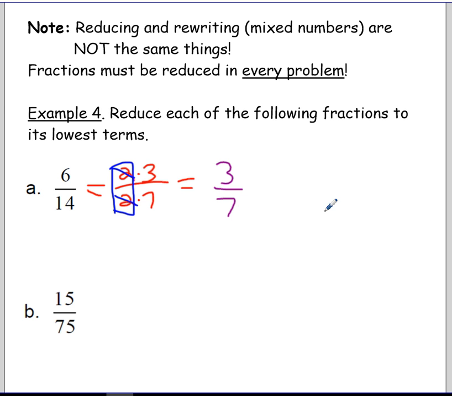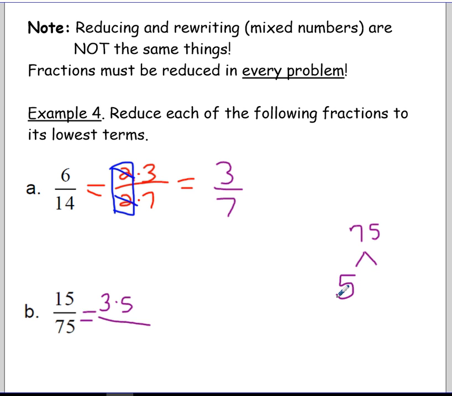Now, if we were to do our prime factorization of 15, we only have 2 factors other than 1 and 15, which is 3 times 5. If we want to do the prime factorization of 75, we can do that. If we take 75 and break it down, since it is ending in 5, we know we can divide by 5.